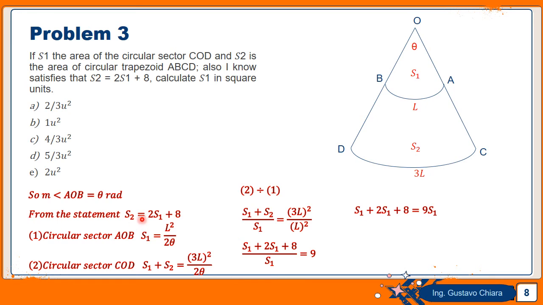Well, we get finally that S1 plus 2S1 plus 8 is equal to 9S1. Reducing the expression, we get that 8 is equal to 6S1, and finally the region S1 is equal to 4 divided by 3 square units. Well, the answer is the letter C, 4 divided by 3 square units.